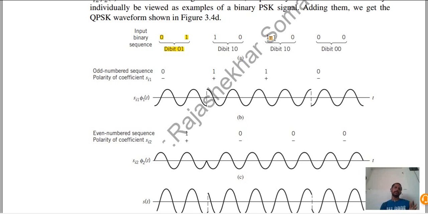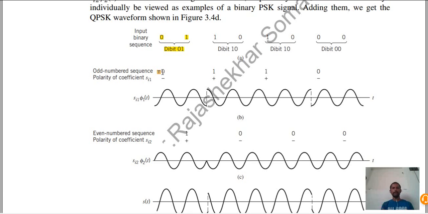Now split this sequence into the odd numbered sequence, the polarity of the coefficient SI1, the first signal, and the even numbered sequence, the polarity of the coefficient SI2. For the odd numbered sequence, the polarity will change based on the continuous same bits.